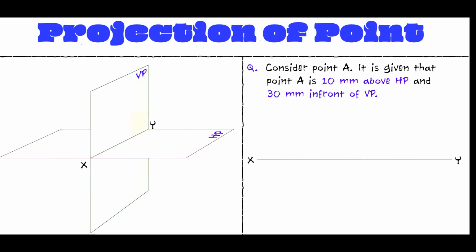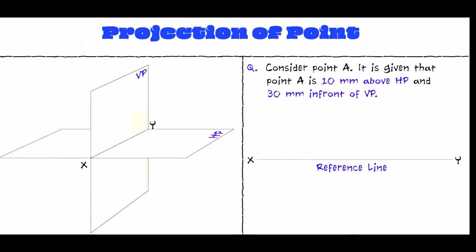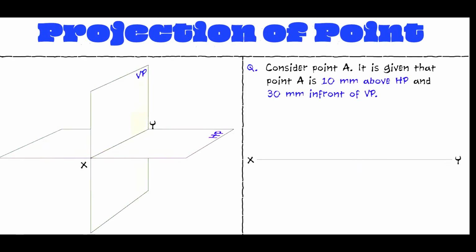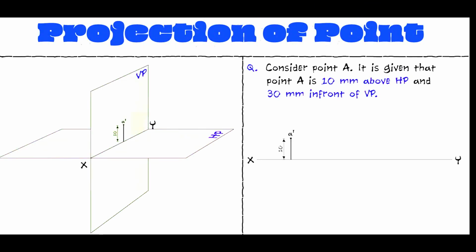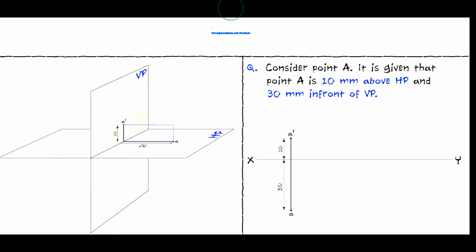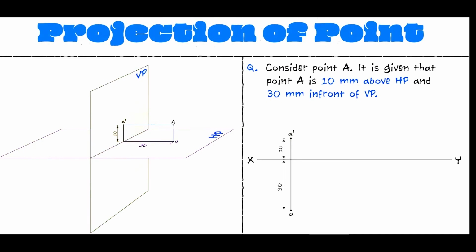Taking line XY as the reference line, as the term above refers to HP and in front refers to VP, draw a 10 mm line above HP and a 30 mm line in front of VP. This is the basic representation of the given question. Now project these points perpendicular to the plane, and the intersection of the projectors gives the location of point A in space.